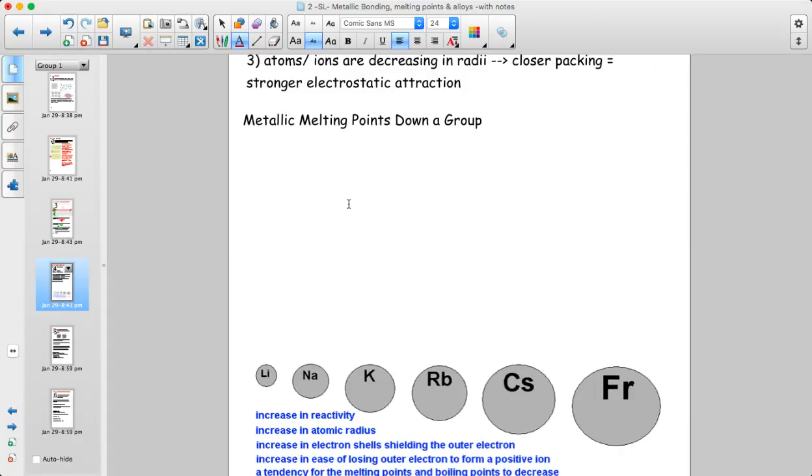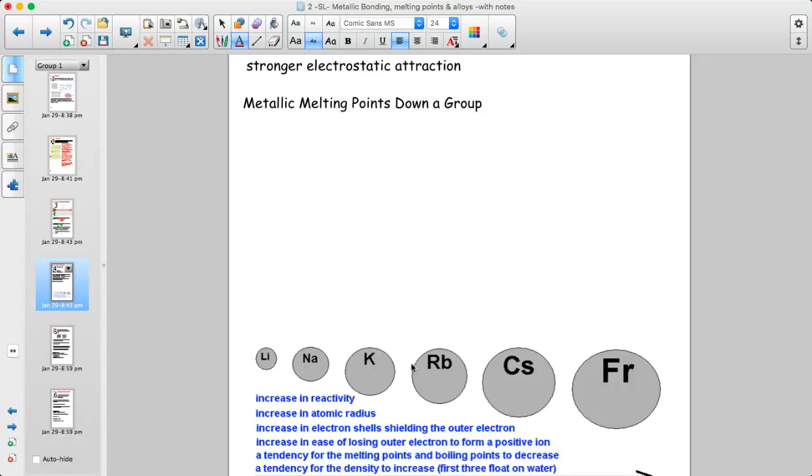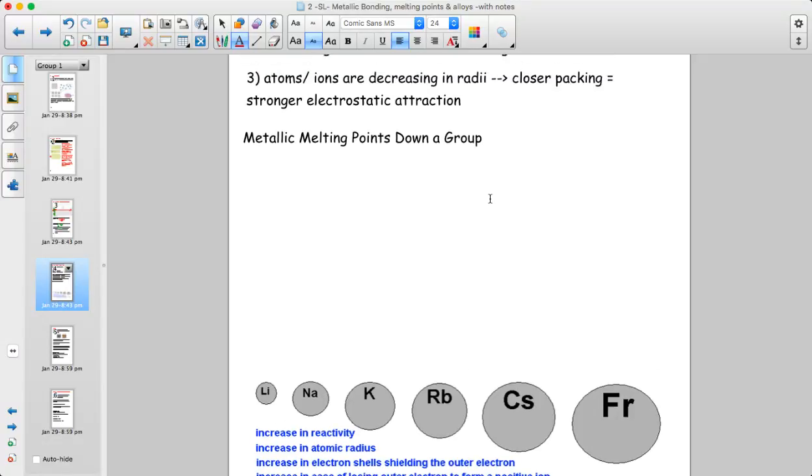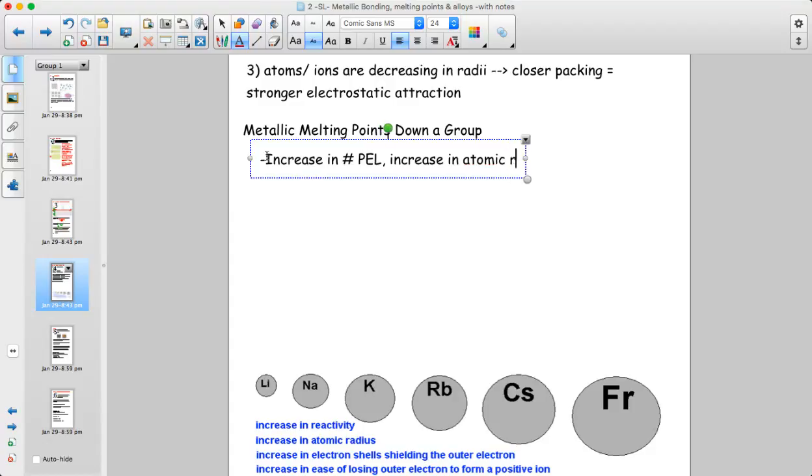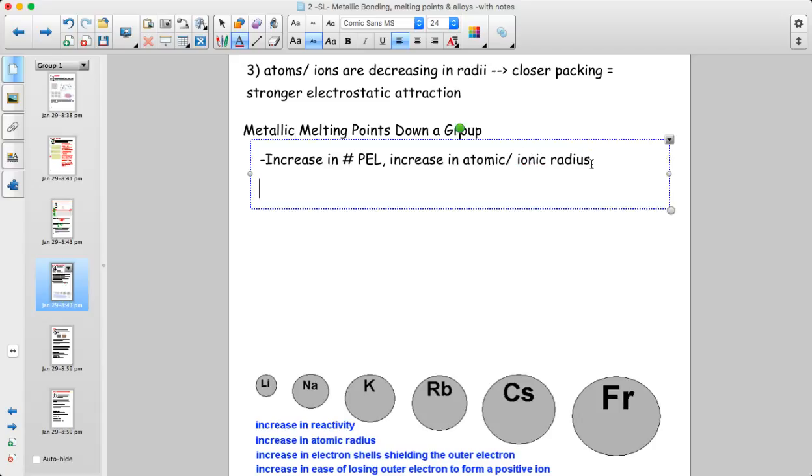In terms of melting points down a group, we're looking at lithium to sodium to potassium, rubidium, cesium, francium. The general idea here is that going down a group, we get an increase in the number of principal energy levels, and therefore an increase in atomic radius, we'll say atomic slash ionic radius. And just like in the periodic trends topic, when the positive ion is more shielded by more principal energy levels, then there's less of an attraction between the positive ion and the delocalized electrons.